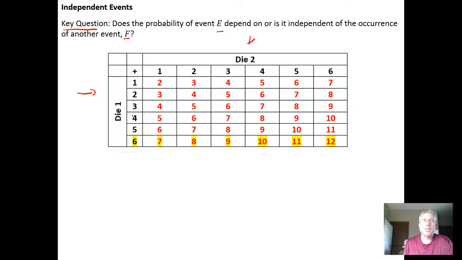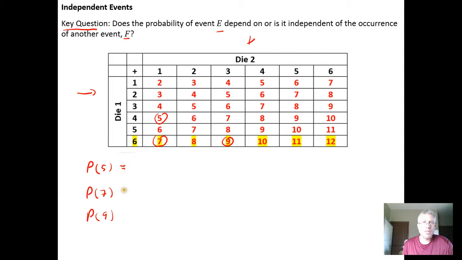two dice and take the sum of the dice and record the results, which in this table are recorded in red. In a previous video we looked at the probability that the sum was a 5, the probability that the sum was a 7, and the probability that the sum turned out to be a 9.